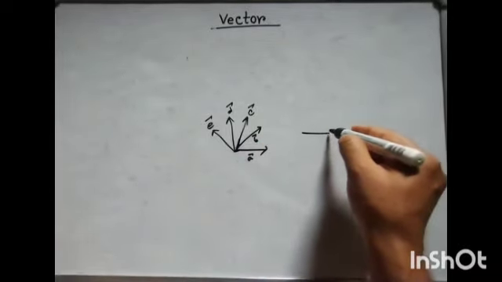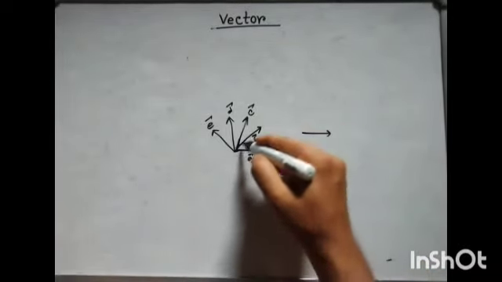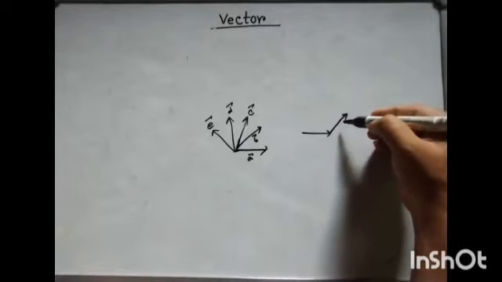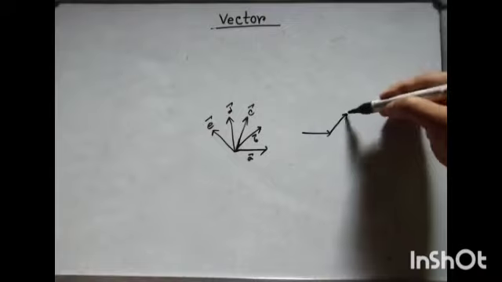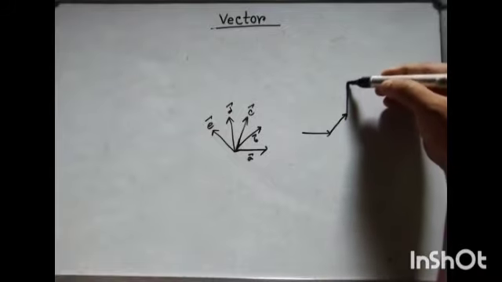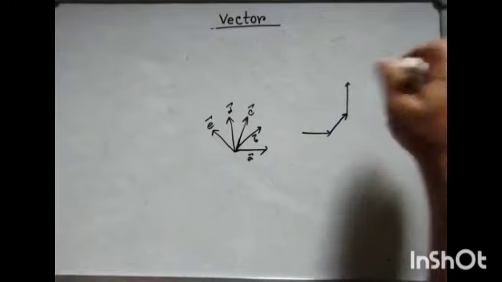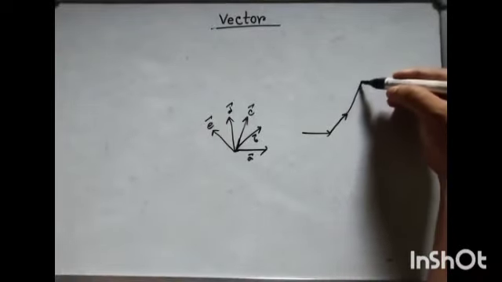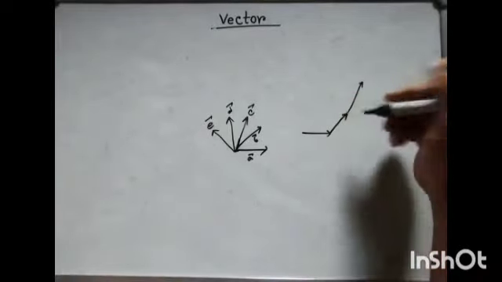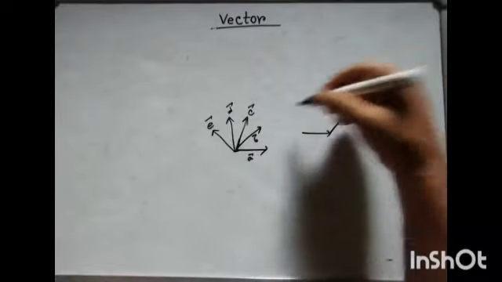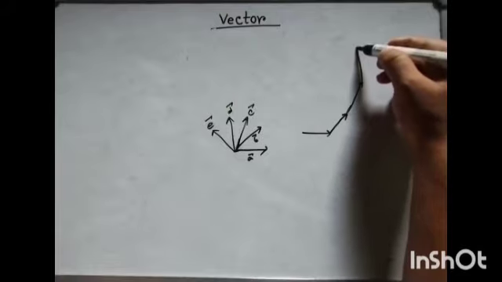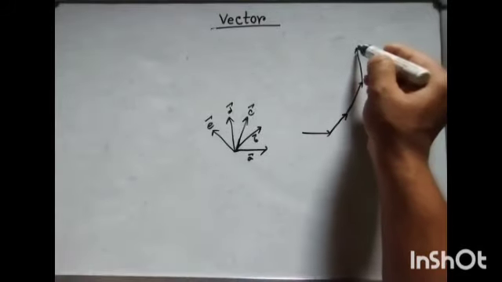Let's say I first draw a vector and then I have to draw b vector from the endpoint of it, and then c vector from the endpoint of b vector, parallel to c vector. Now I have to draw d vector with it, and now e vector with it.